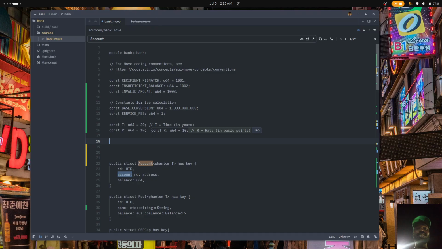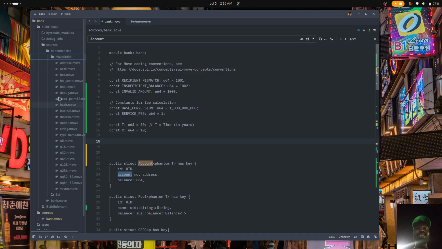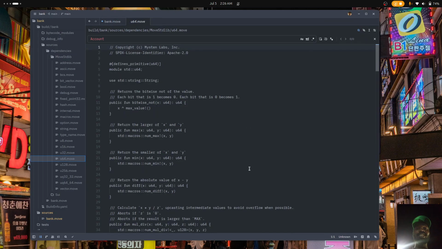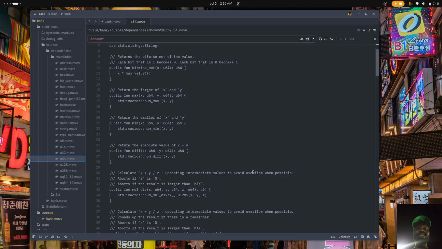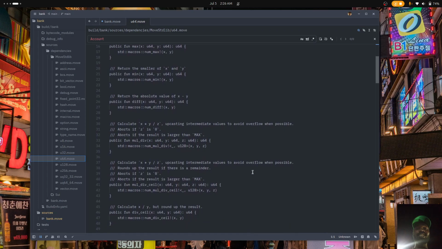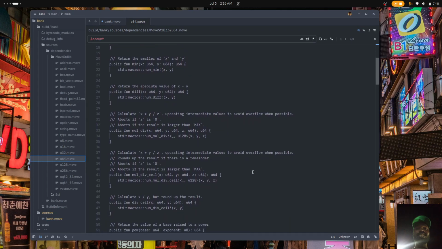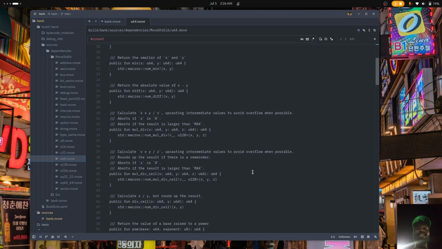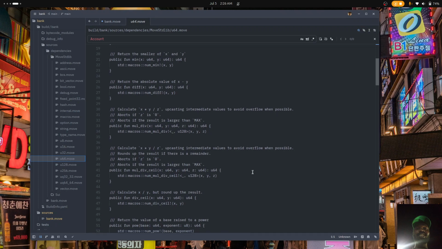So let me quickly check something. Yeah, what I have is an assigned integer, always going to be positive.